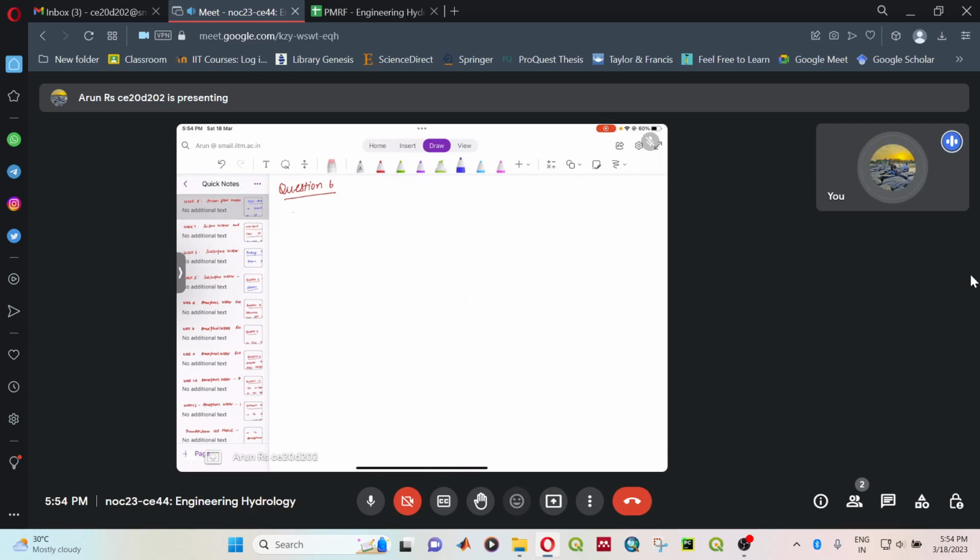So the given information is: area is 189 square kilometers, base time of the DRH is 66 hours, peak discharge is also given as 30 meter cube per second, and time to peak from the start is given as 10 hours.